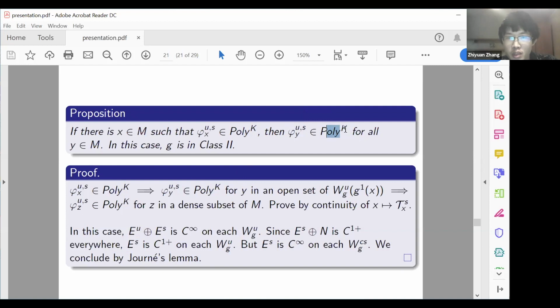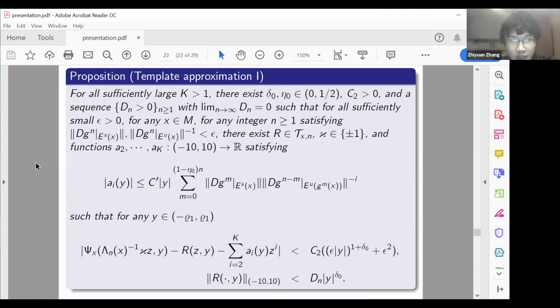We only consider polynomials of degree k. So if you are in class 1, then at each point, the temporal function minus any polynomial will have C0 norm bigger than, say, kappa, something like this. So this is the basic main mechanism for our cancellation. So this is the function. This is the renormalized temporal function.